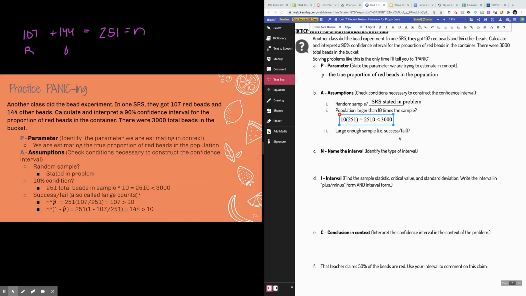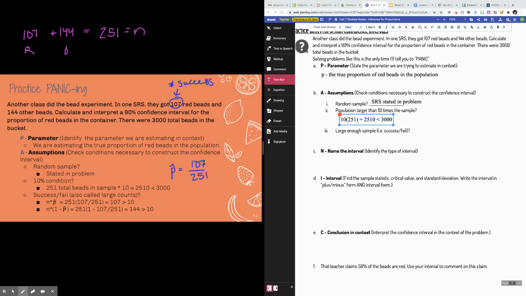Okay, now I wrote out the whole thing with n and p hat, but what I'm hoping that you'll notice, especially if they give you the number of successes, like this is the number of successes, the 107, right? So your p hat value here is 107 divided by 251, right?